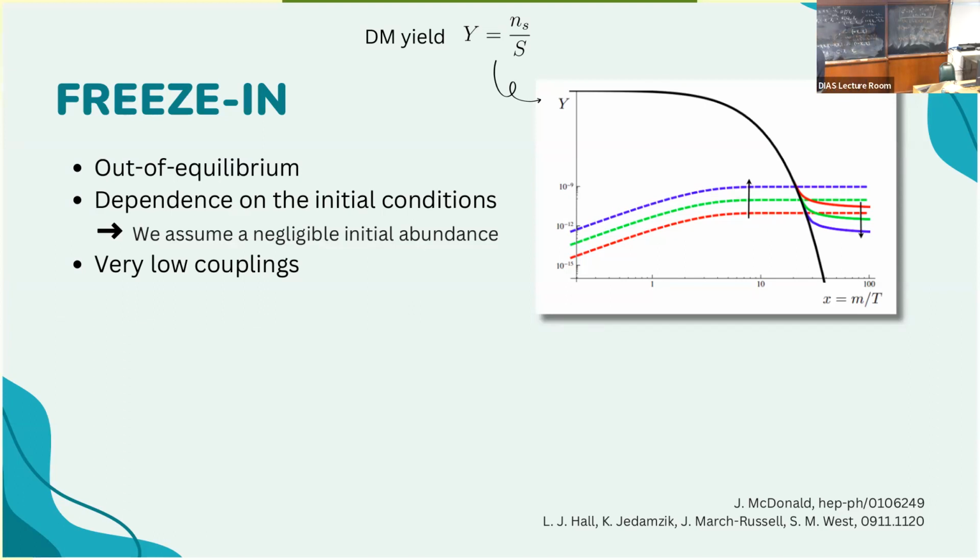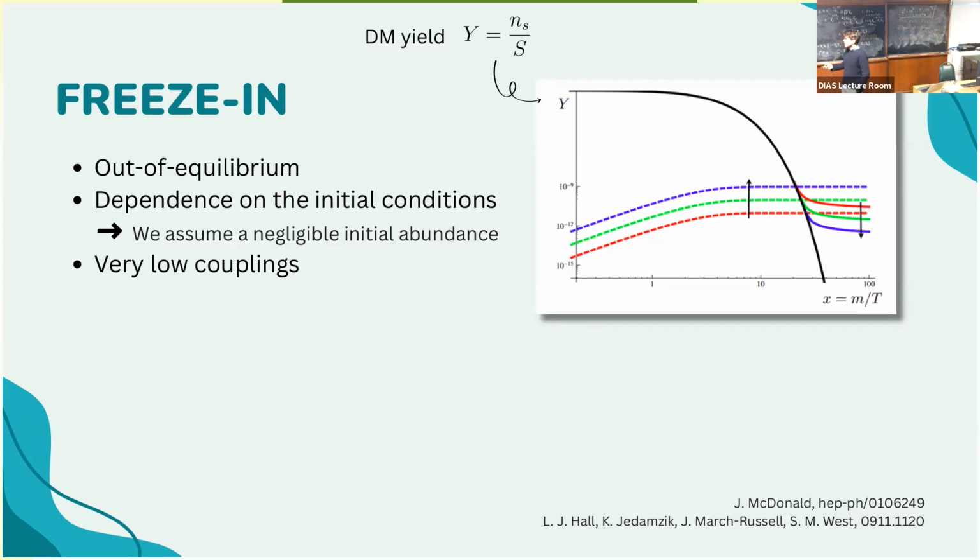But here we're going to discuss the freezing, which you can imagine as a production mechanism on the other side of the spectrum with respect to freeze out. So here we never equilibrate the dark matter with the standard model. And therefore we get a dependence on the initial condition. We need to assume that initially we have a negligible abundance.